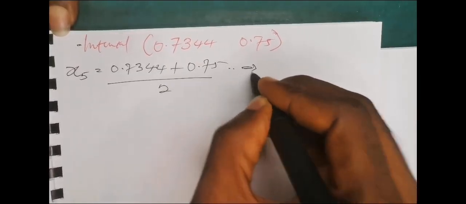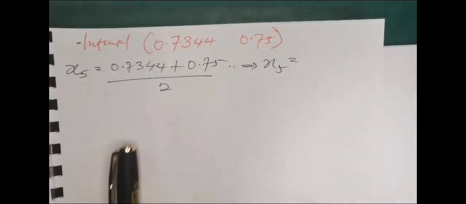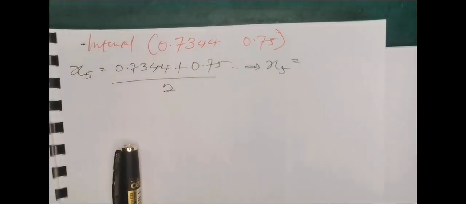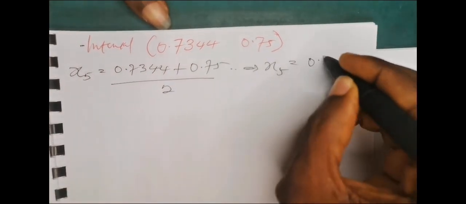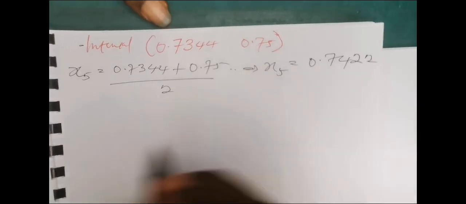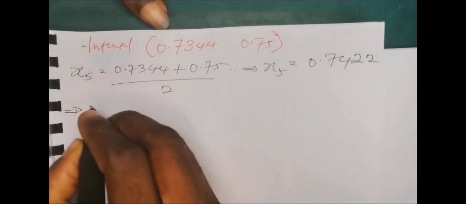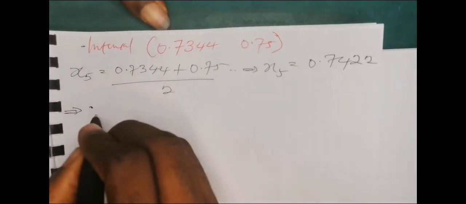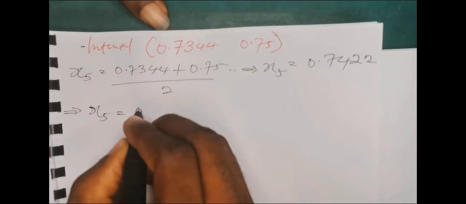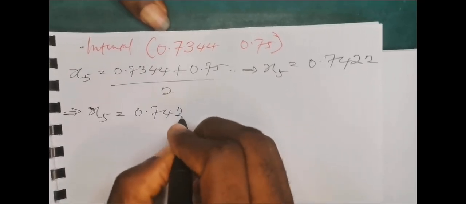So let's sum this and divide. 0.7344 plus 0.75 divided by 2 gives us 0.7422. So s5 equals 0.7422.